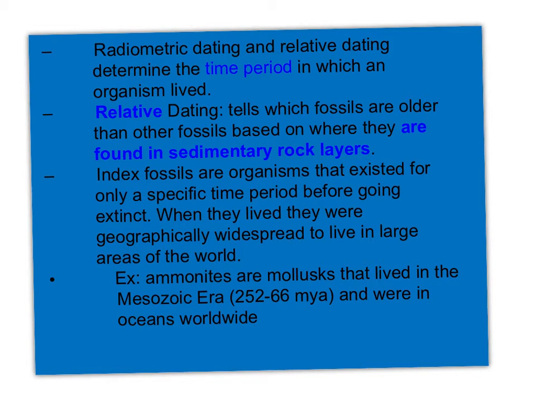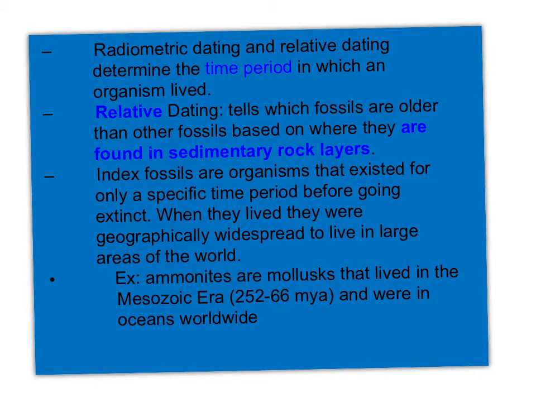Index fossils are organisms that existed for a very specific time period before becoming extinct. But when they did live, they were very widespread, living in many parts of the world. One example of an index fossil is called ammonites. They were mollusks, so they lived in the water. They were soft-bodied organisms with shells, and they lived during the Mesozoic era, which was a very long time, million years ago.